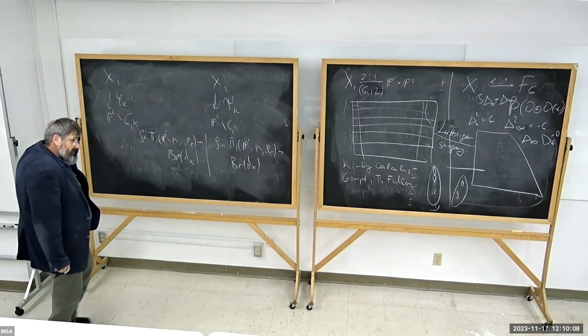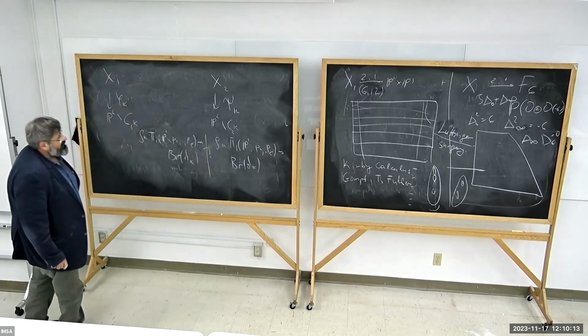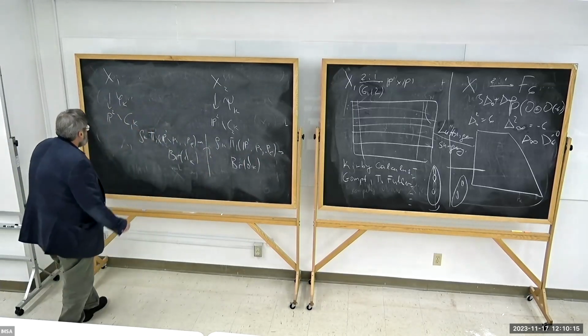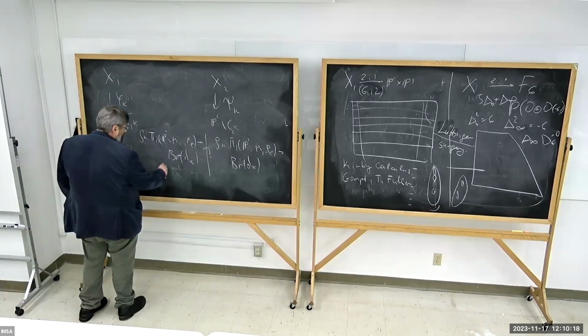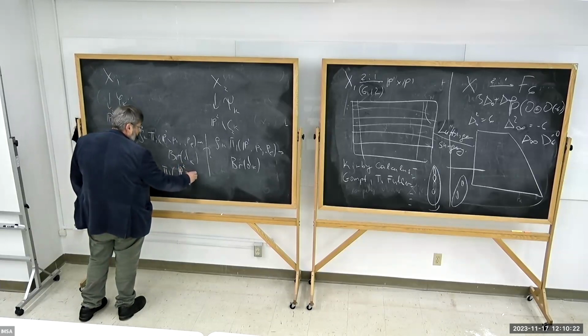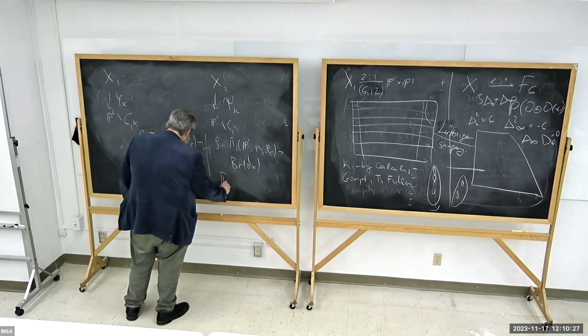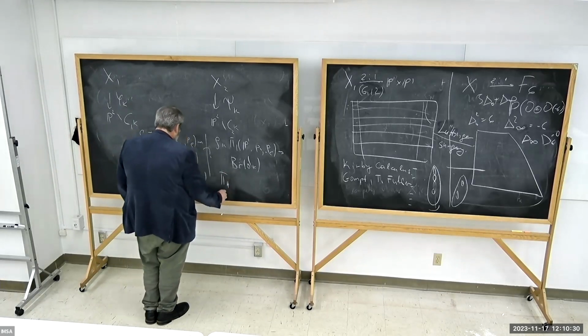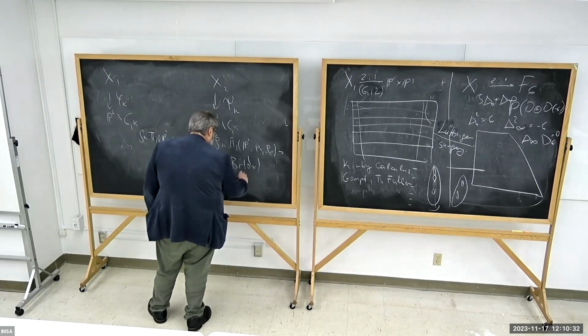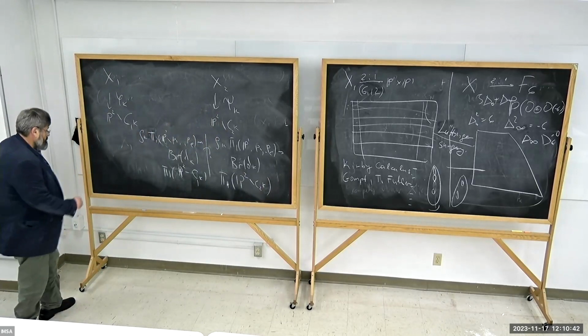What you want to compare is these two words in the braid group. I said that's hard, but instead of this, what you can compute is the fundamental group of P2 minus this curve. And so that is computable.